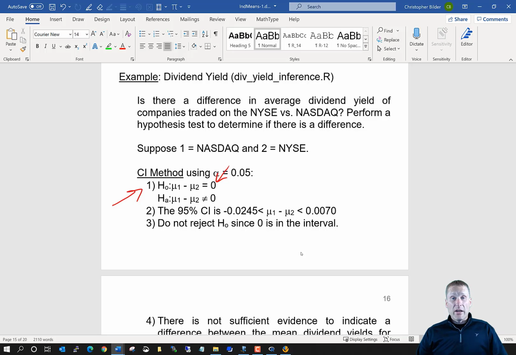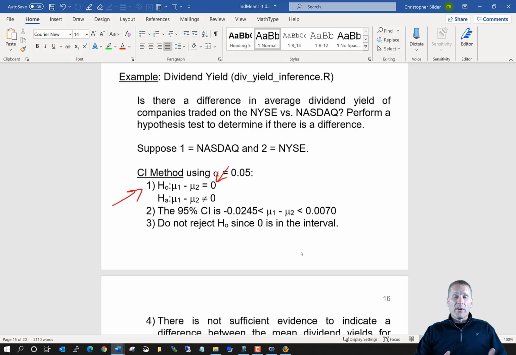We have a two-tailed test here, but one could also write this in terms of a one-tailed test. If you remember what my original research hypothesis was, that the mean for New York Stock Exchange would be higher than the mean for NASDAQ, I would put that research hypothesis into HA if I was interested in doing that.